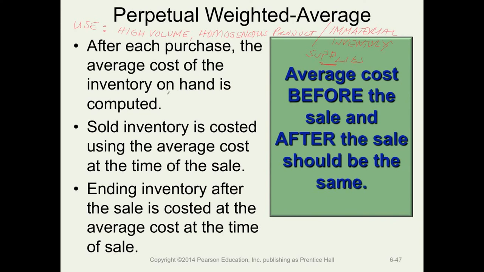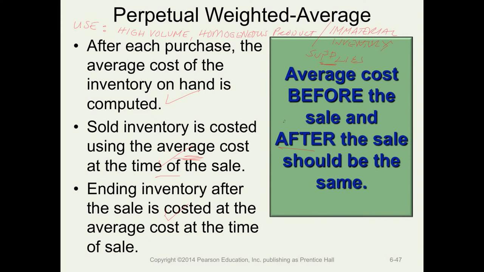After each purchase, an average is taken. When the item is sold, we use the average cost at the time of sale. And again, the inventory is going to be valued after the sale, and of course it's costed at the average at that time.